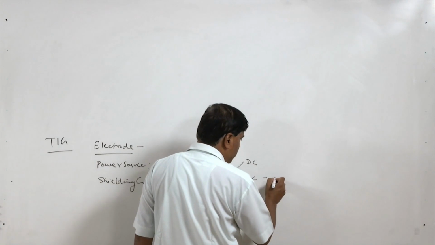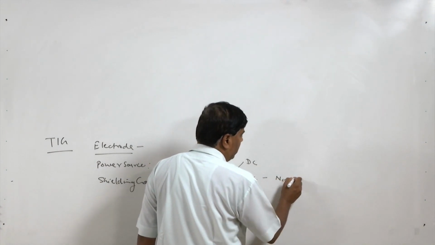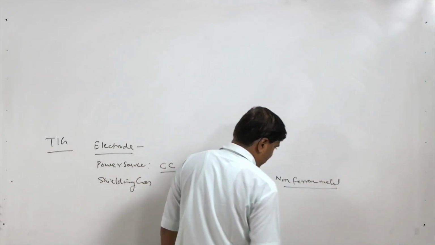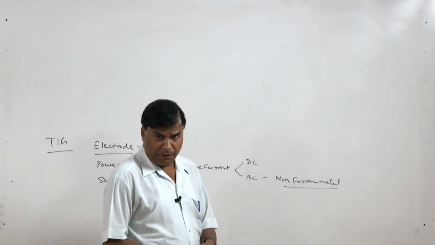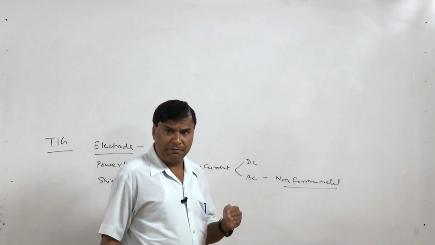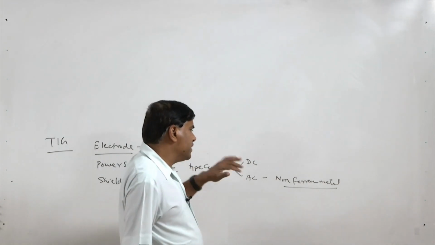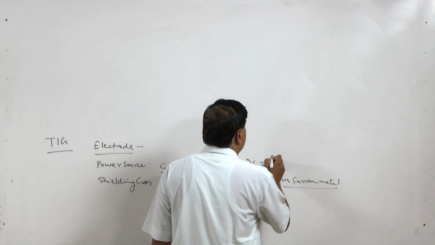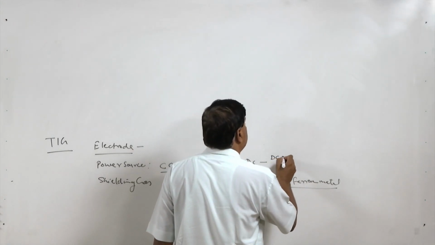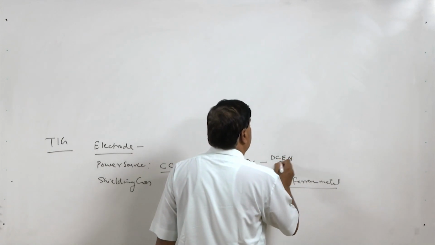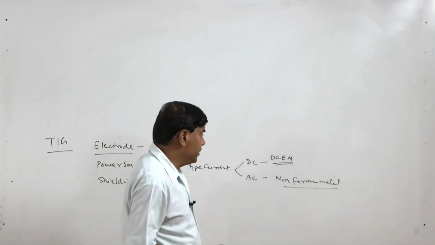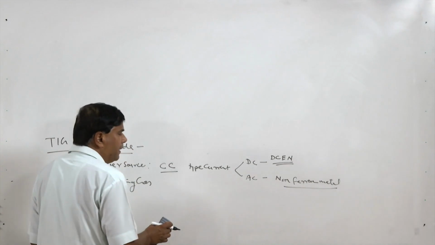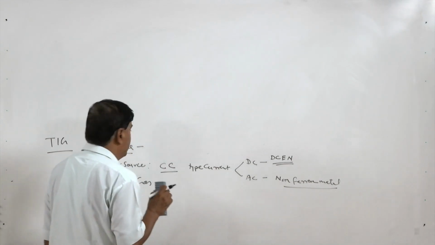AC is normally used when welding non-ferrous metals to take advantage of the cleaning action offered by the mobile cathode spots, at the same time giving reasonably good life of the electrode. In case of DC, electrode negative is normally the polarity used in the TIG process.